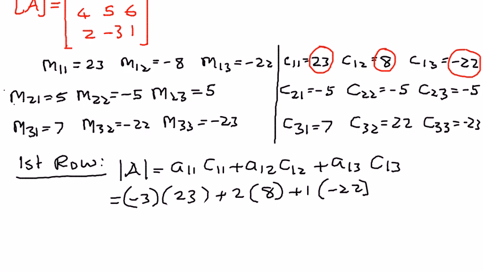So when we expanded this it came out as the determinant of A was equal to negative 75. We have seen this one in my previous video.